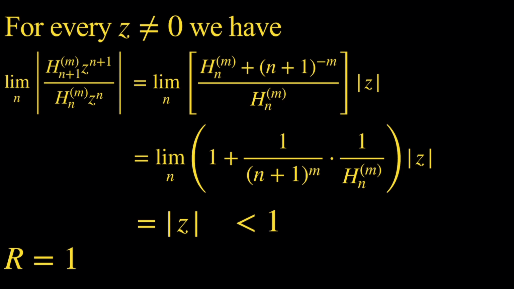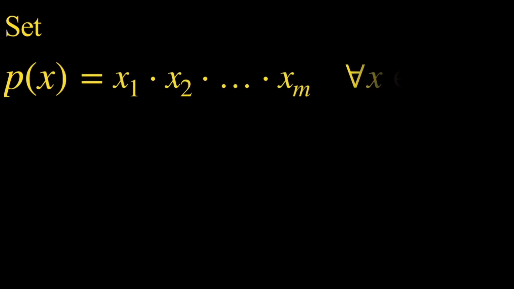Okay, this is important. Now we want to introduce some notations. So we're going to denote by p of x the polynomial defined as the product of x_i's as i goes from 1 to m, where x here is an m-tuple formed by real numbers.